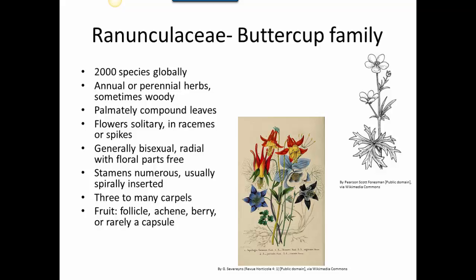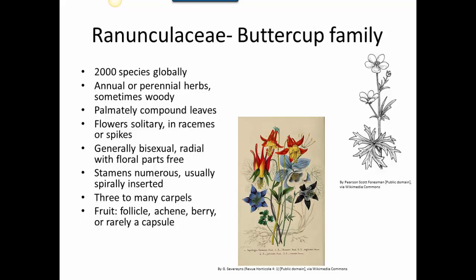Another family of flowering plants that we'll see a lot of on our field trip is the Ranunculaceae family, or the buttercup family. So there are about 2,000 species globally, and that includes mostly annual or perennial herbs, although there are some woody plants in the Ranunculaceae family.